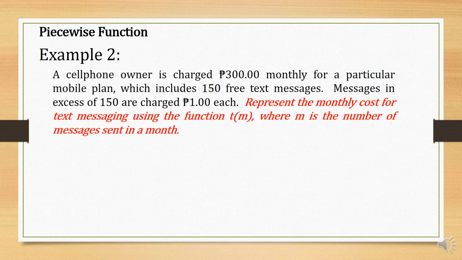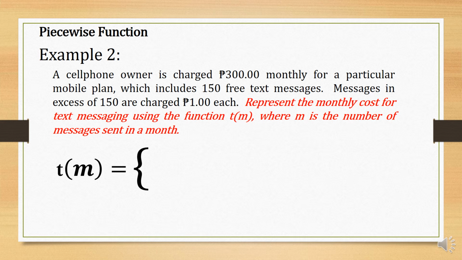Now, to represent the monthly cost of text messaging using the function T of M, where M is the number of messages sent in a month, we have T of M. To determine the subfunctions of this piecewise function, let's go back to the problem.